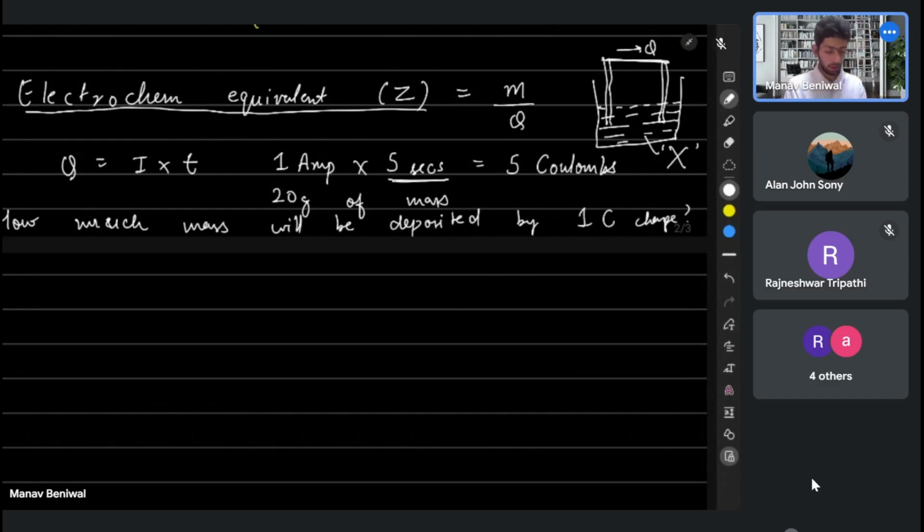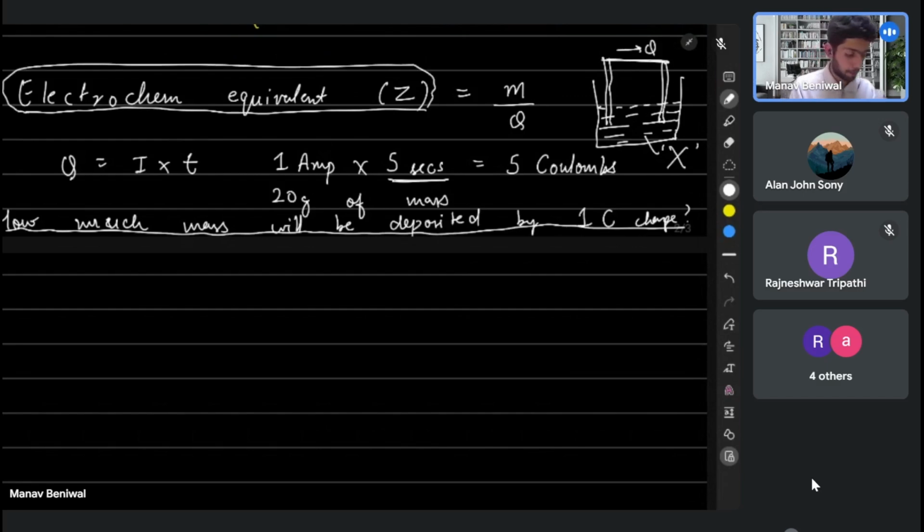This number is nothing but electrochemical equivalent. For example, in the example which we have taken, 5 coulombs is depositing 20 grams. So 1 coulomb will deposit 4 grams, right?